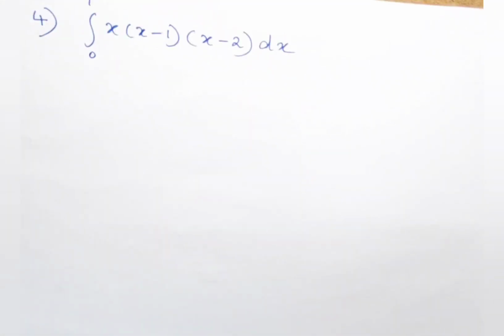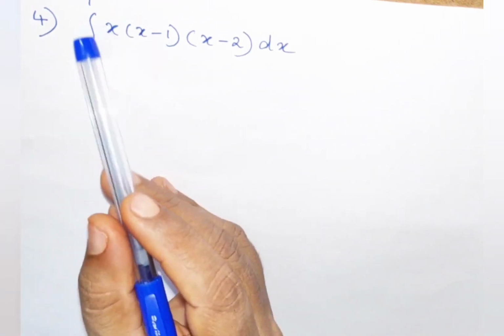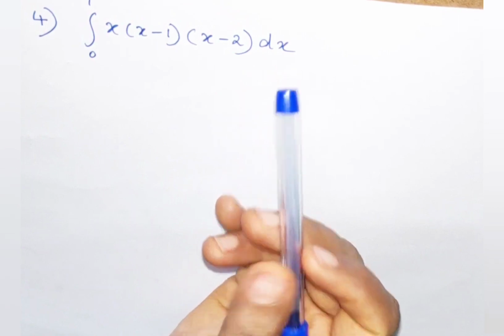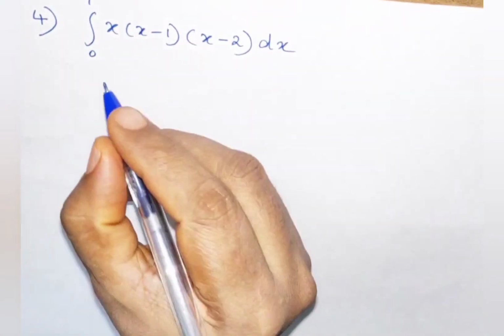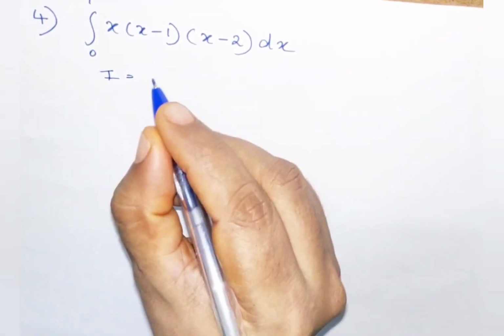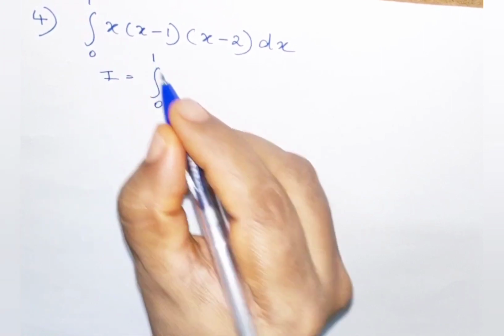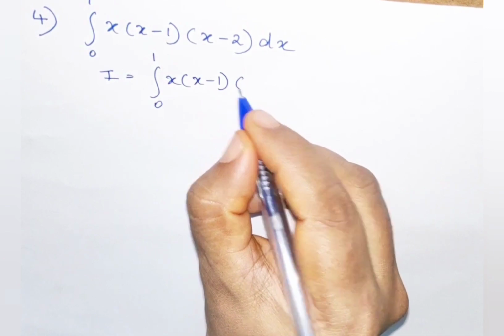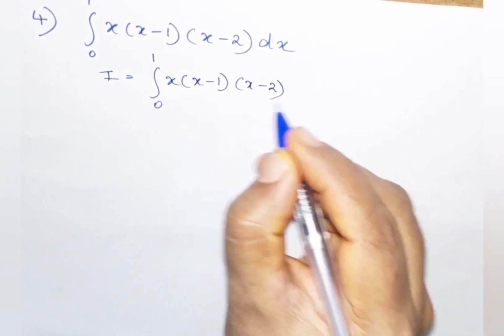Let us solve the fourth problem. Integral 0 to 1 of x into (x minus 1) into (x minus 2) dx. First let us write I = integral 0 to 1 of x(x - 1)(x - 2) dx.